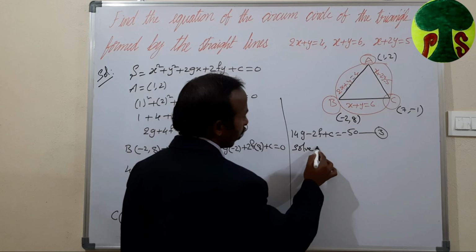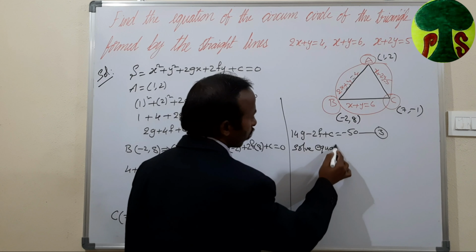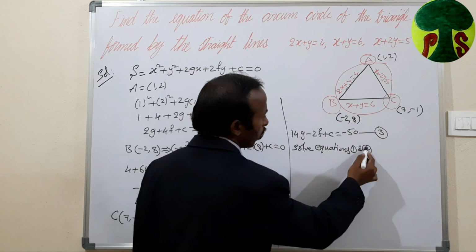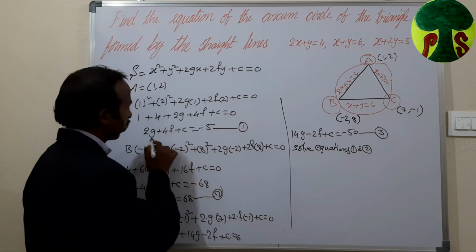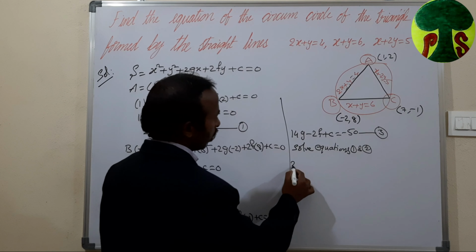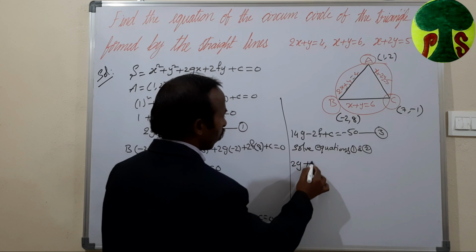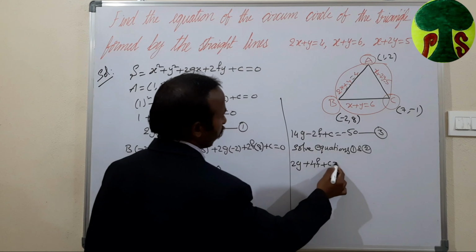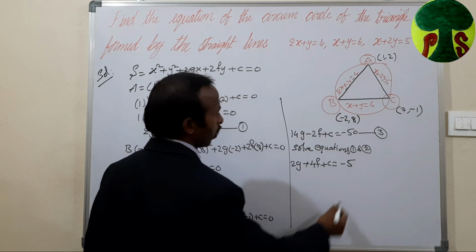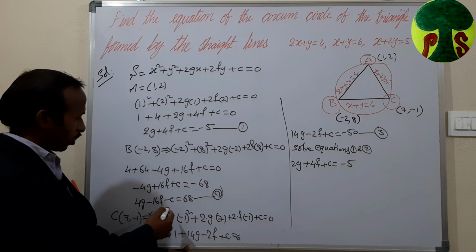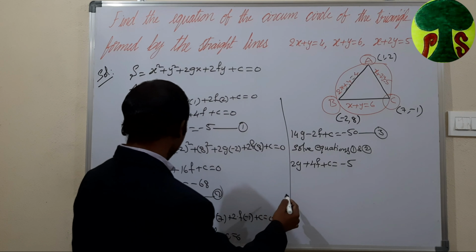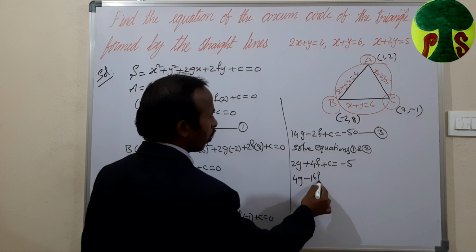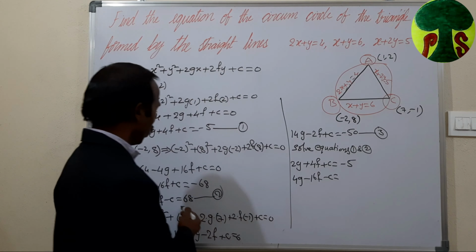Now solve 1 and 2. Solve equations 1 and 2. What is equation 1? Equation 1 is 2g plus 4f plus c equal to minus 5. And what is equation 2? Equation 2 is 4g minus 16f minus c equal to 68.